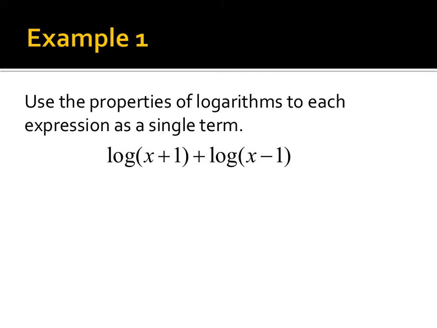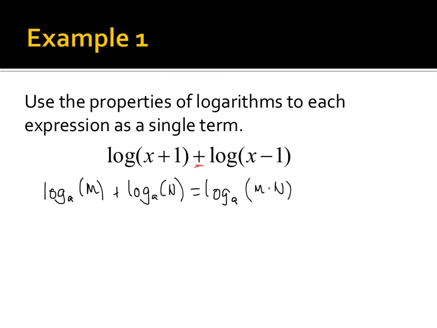Here's our first example, and here is what I wanted you to notice: there's a plus sign in between two different logs. So what this means is that we can write this as one logarithmic expression. The property says, and I'm going to write it down for reference, that if you have log base a of m plus another log base a of n, then we can write it as one log in the same base, and we multiply the m and the n, m times n.